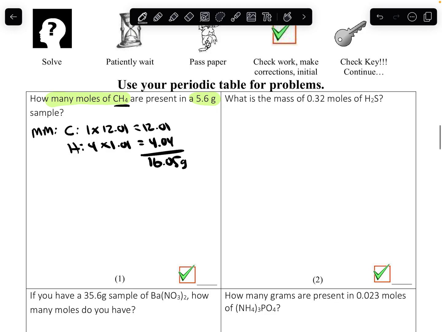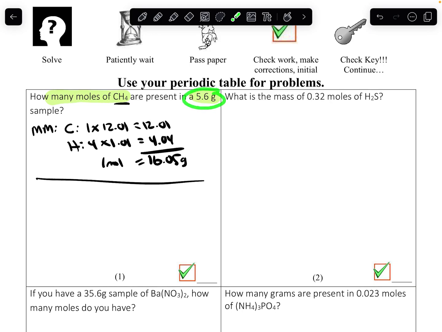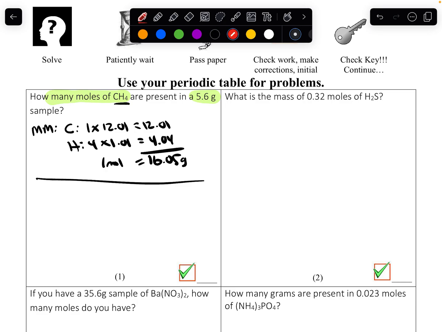We're going to use that in a molar mass equality because we know that 1 mole is going to be equal to that many grams. So once you do that, now we can do our conversion. Okay, this is your conversion factor, right? This is just going to be the fraction that you use to perform your conversion. So we're going to take our given, which is 5.6 grams of CH4, over 1.